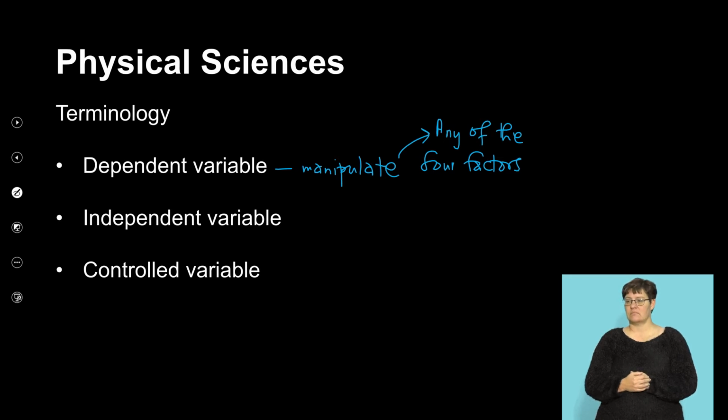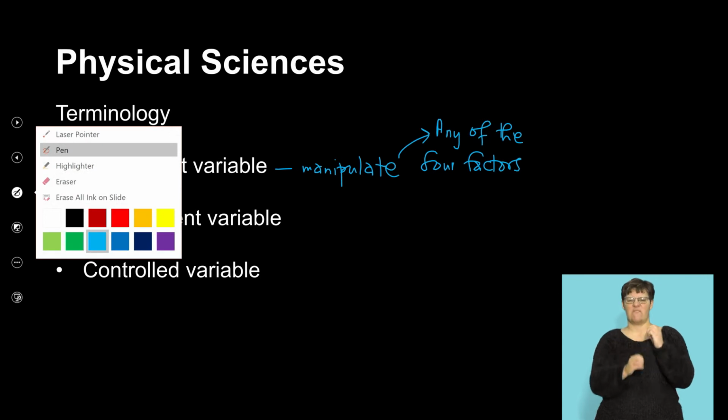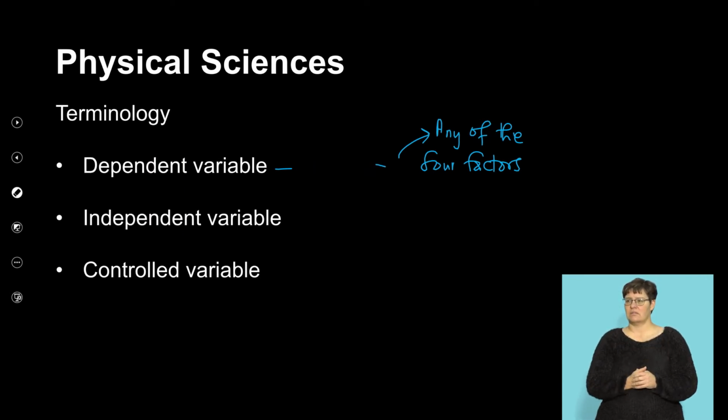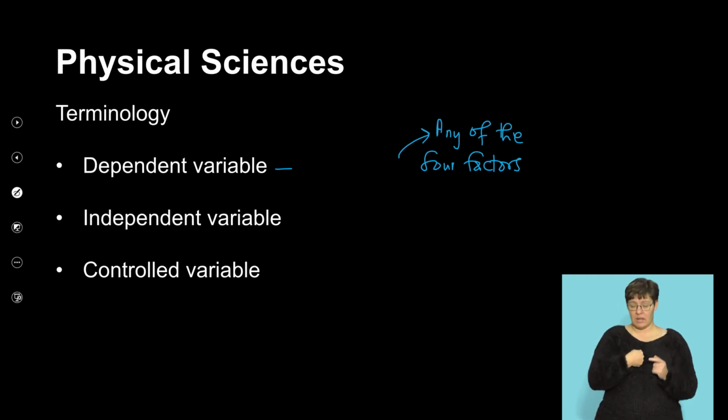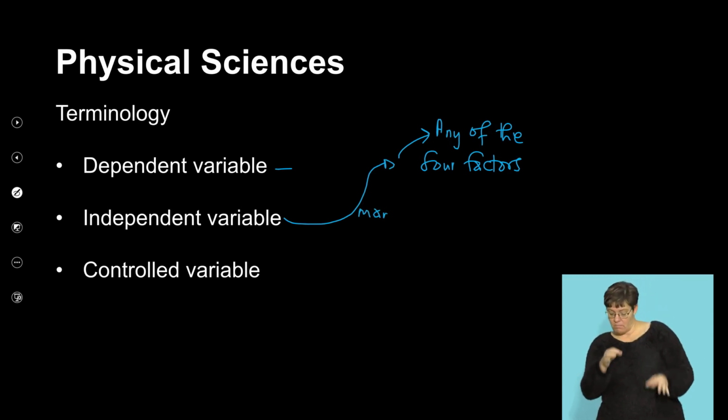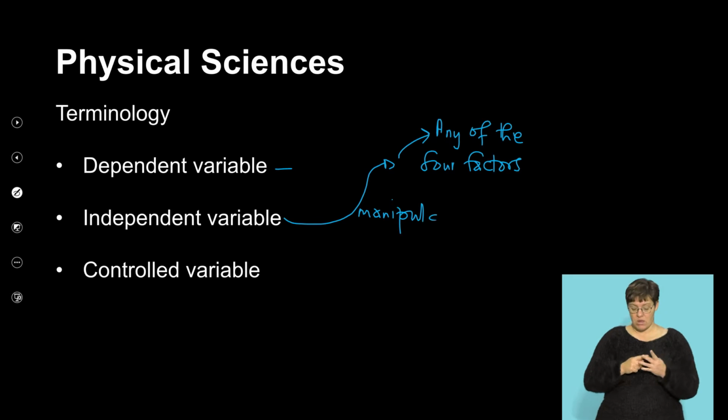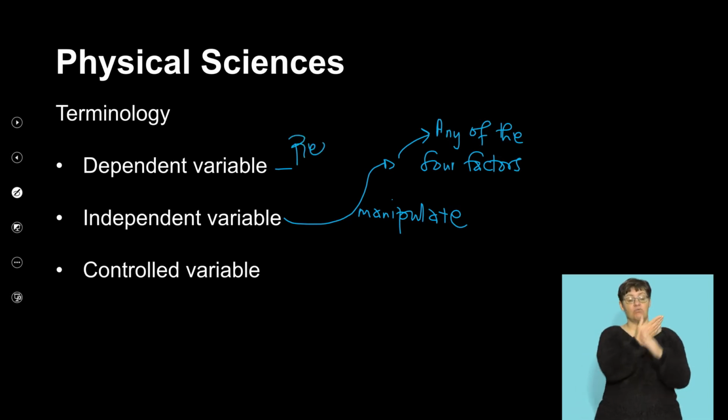Usually, actually, this is the dependent, sorry, just to rectify that, what we manipulate is actually the independent variable. We need to get that right. So this is what we manipulate, the independent variable. Now, we are asking ourselves, for argument's sake, if we change length, how is it going to affect, let's say, resistance?